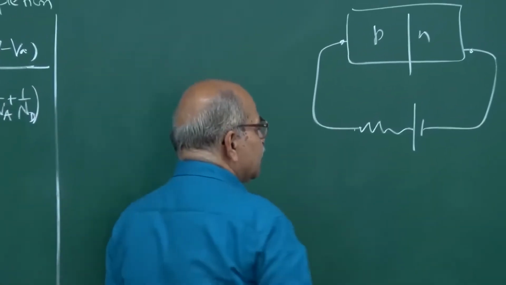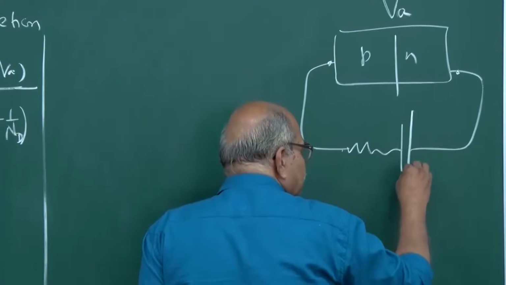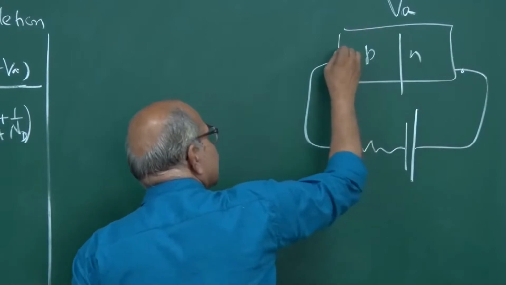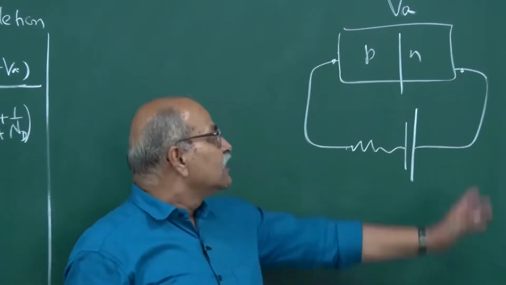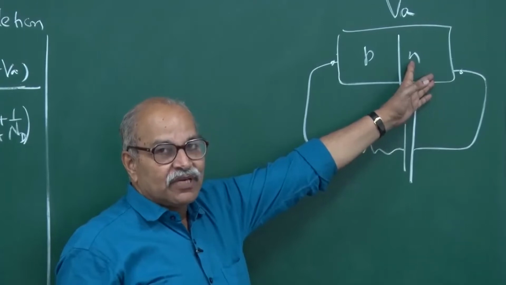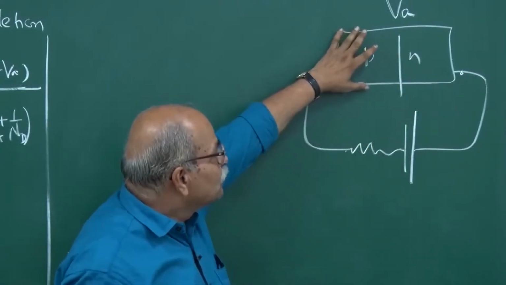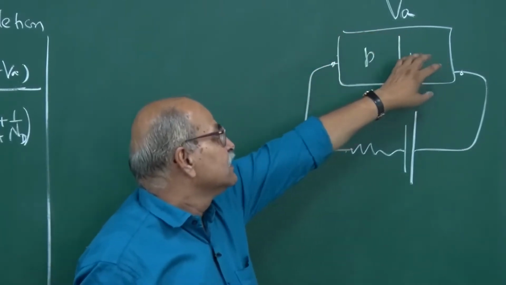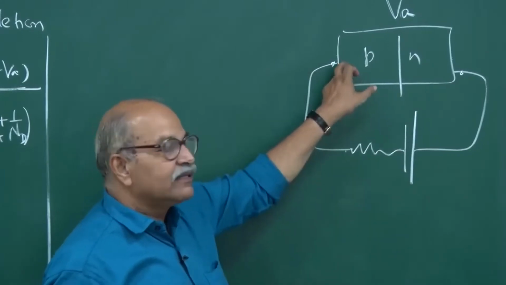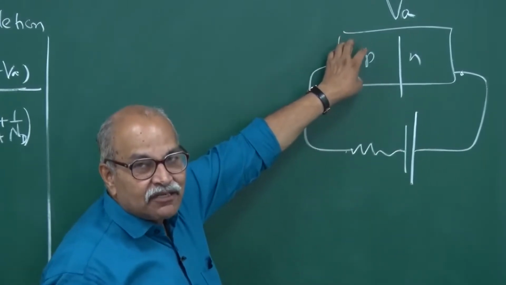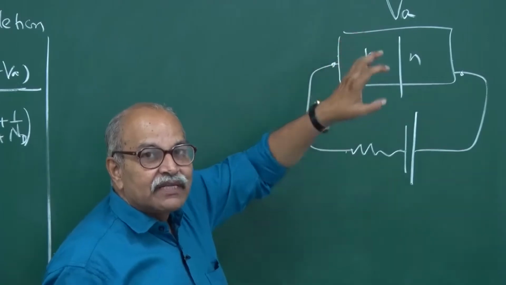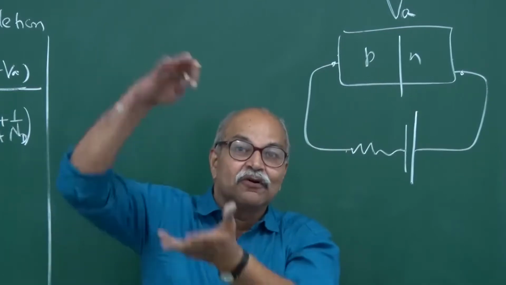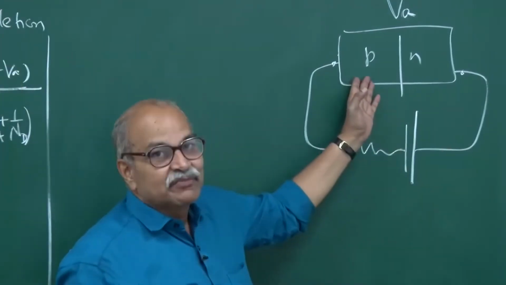If you connect it with opposite polarity, so that this side is at a lower potential with respect to this side, you are reducing the potential of this side. If I take this as the reference, then by connecting this negative here, you are reducing the potential of this side, and therefore you are increasing the potential energy, or the energy, of all those quantum states which are there on this p side.